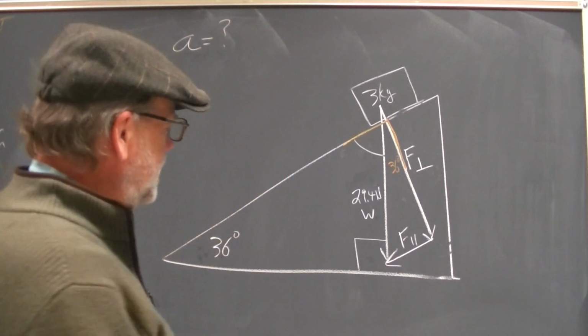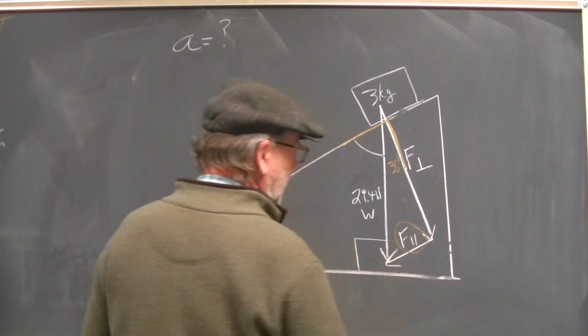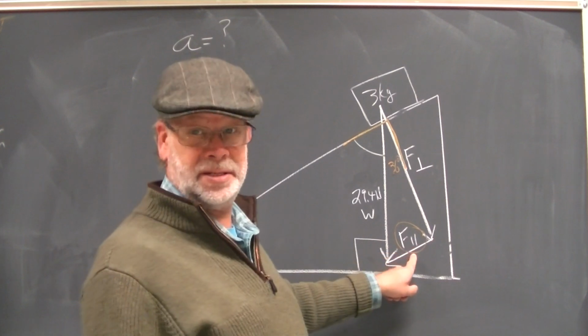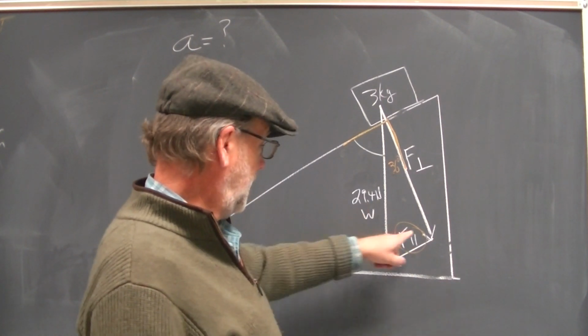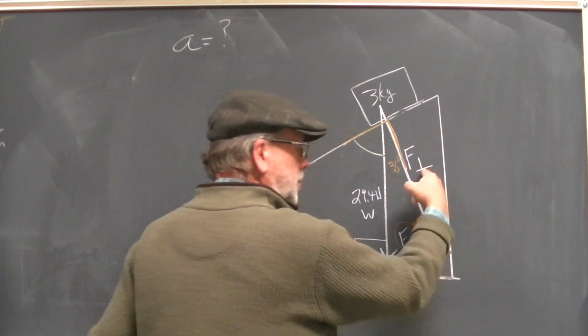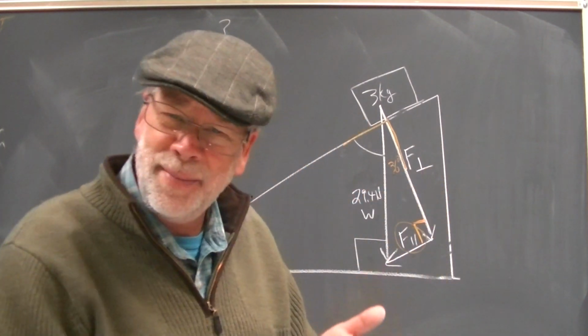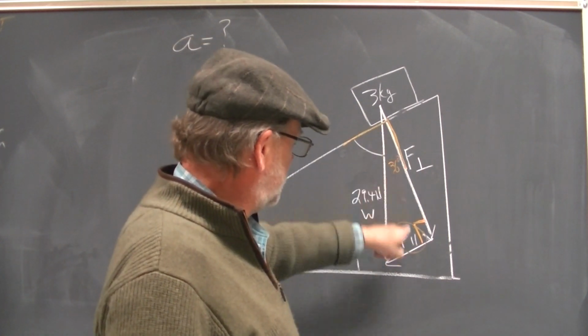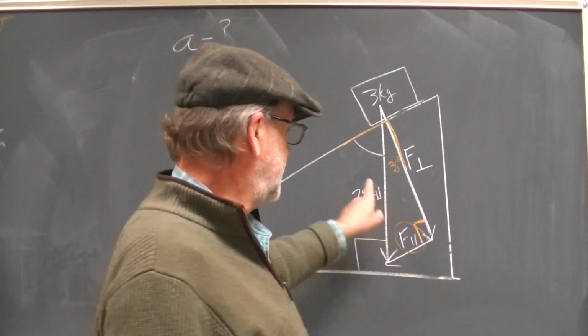So all we need to do is calculate force parallel. Well, how do we do that? Here's an angle. This is the opposite side of the angle. That's the hypotenuse. This must be a right angle between perpendicular and parallel. Does that make sense? They would meet at a right angle. So this is the opposite side from 36. That's the hypotenuse.